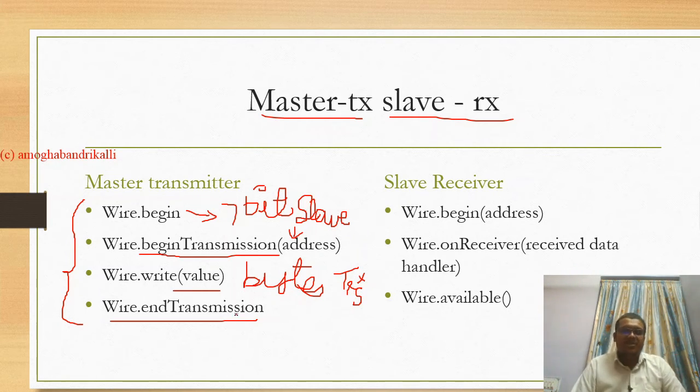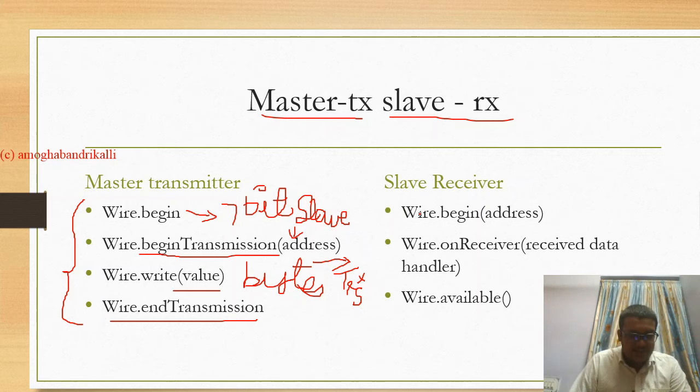This wire.write will continuously transmit the bytes till it gets an end of transmission. So when wire.endTransmission is sent, the communication has ended. So the data has been successfully sent from master to slave.